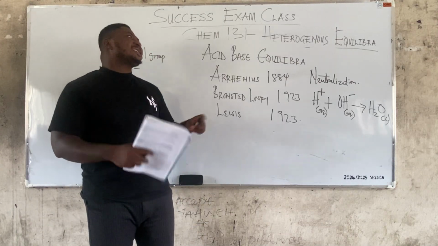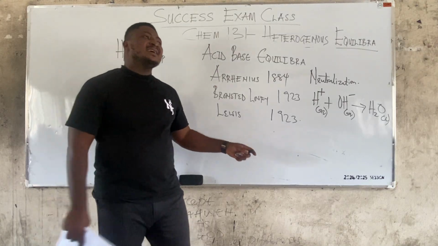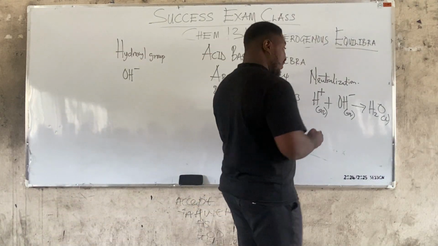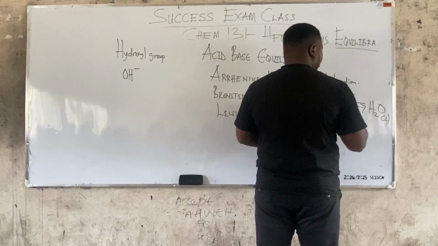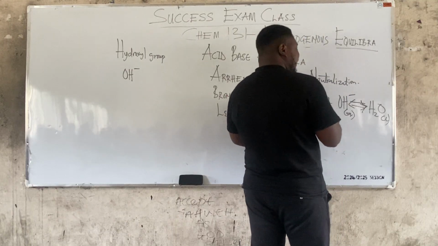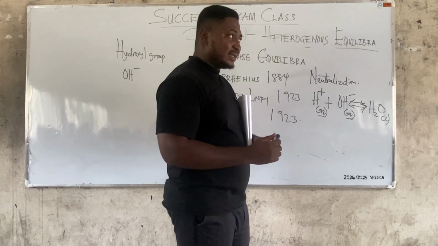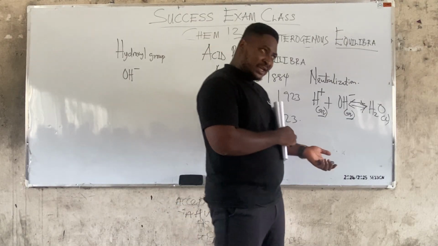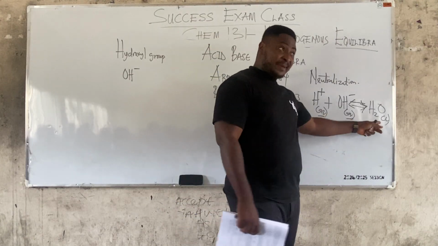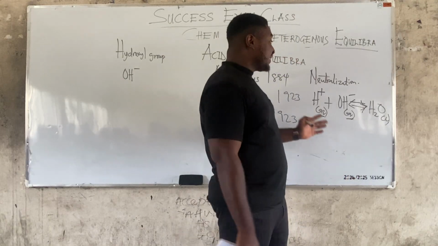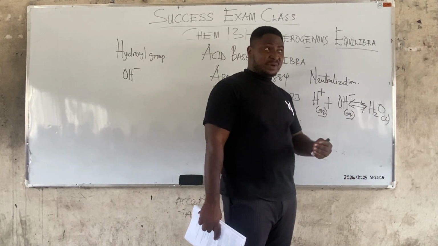You must know that acid-base equilibria is still a subtopic of heterogeneous equilibria, because if you look at this reaction, you see that this aqueous gives what? Liquid. Heterogeneous, but they're not in the same phase. So everything you knew about heterogeneous equilibria still applies.